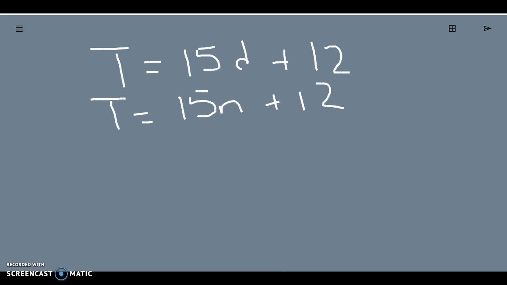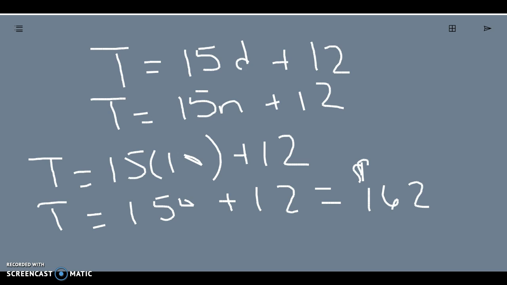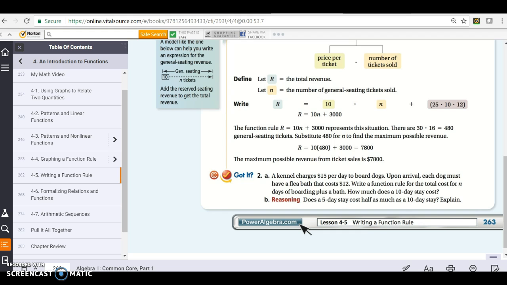So let's plug in 10 for N. T equals 15 times 10 plus 12. So T equals 150 plus 12. This is all in dollars though, right? So I get 162. So for 10 days, it should cost $162.